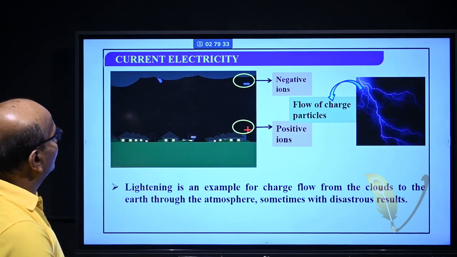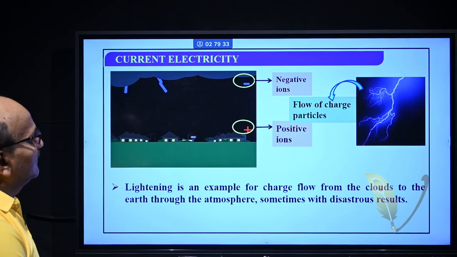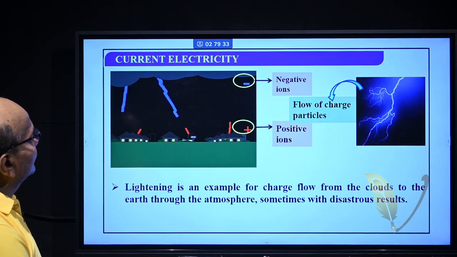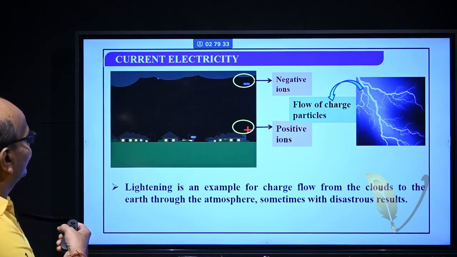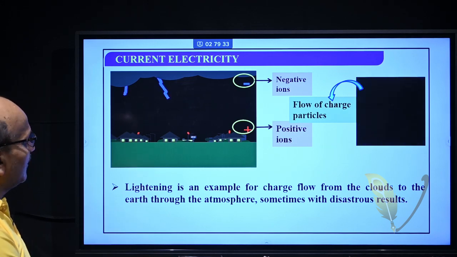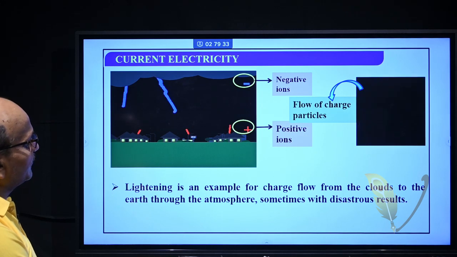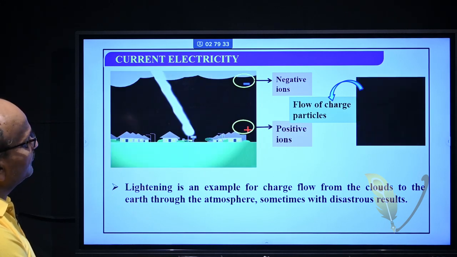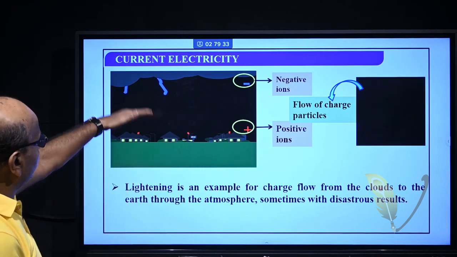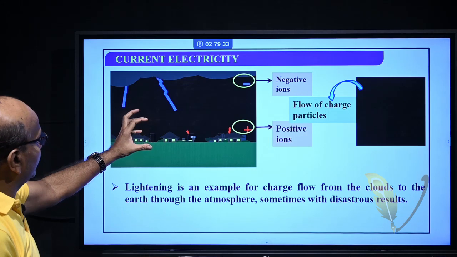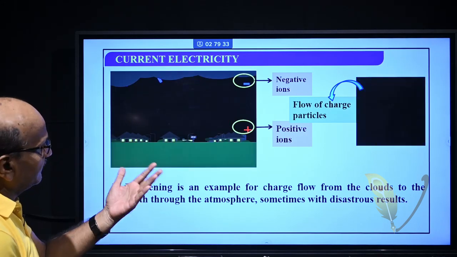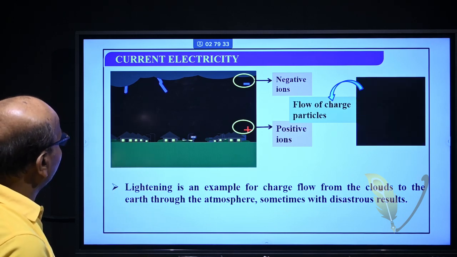Actually these are the flow of charged particles. So, lightning is an example of charge flow from the clouds to the earth, to the atmosphere, sometimes with disastrous results. Sometimes, when the charge comes out, if it strikes any object, a tree or a human, it will be a disastrous result, meaning it will be fatal.